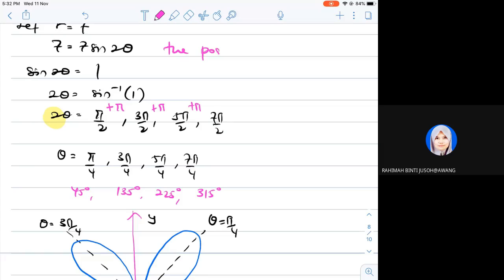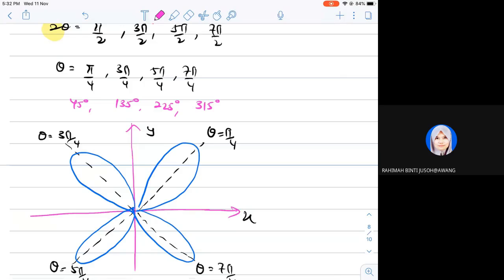The position of the petal means the length of the petal is 7, right? So you have to let R equal 7. Here, the length is exactly 7. If you let R equal 5, the length would only reach here.